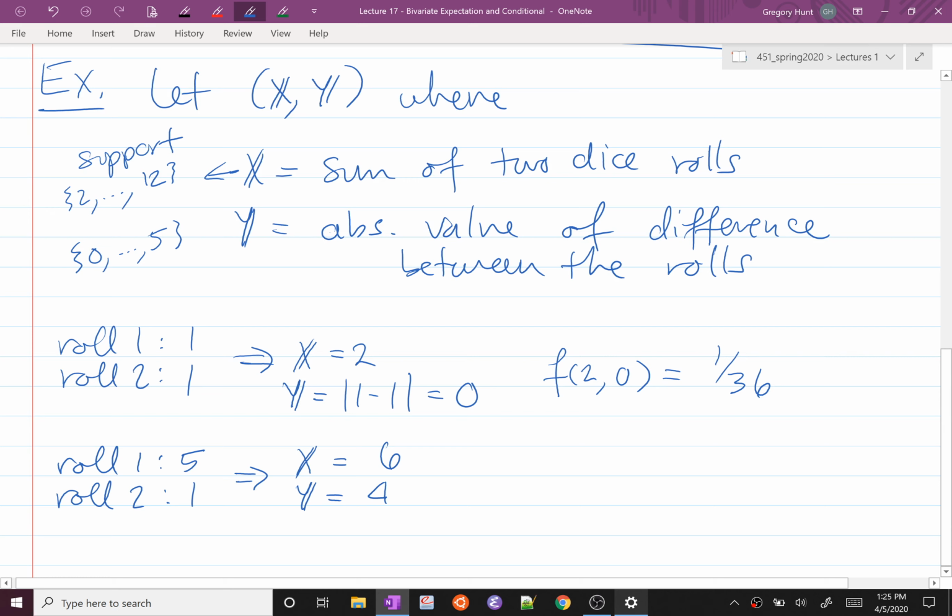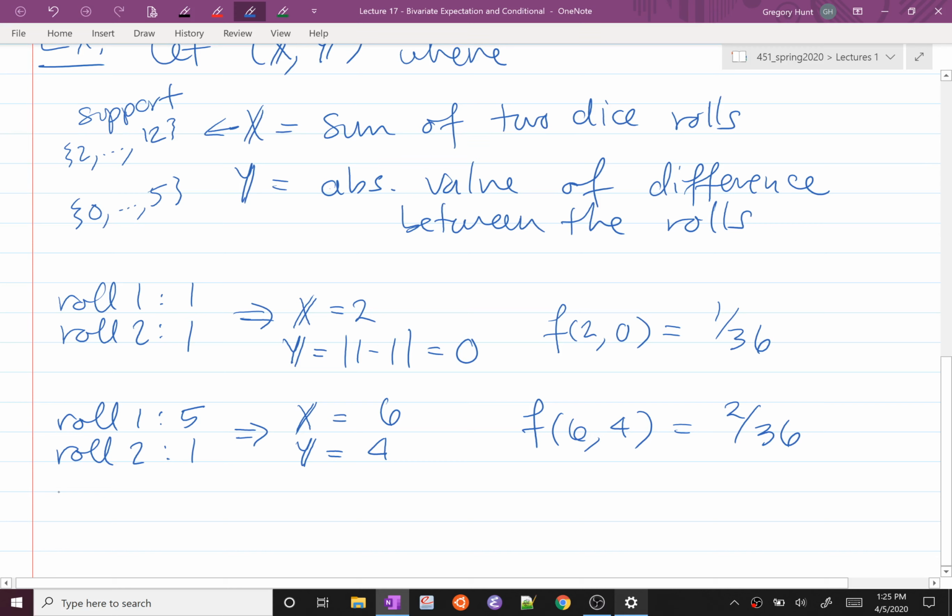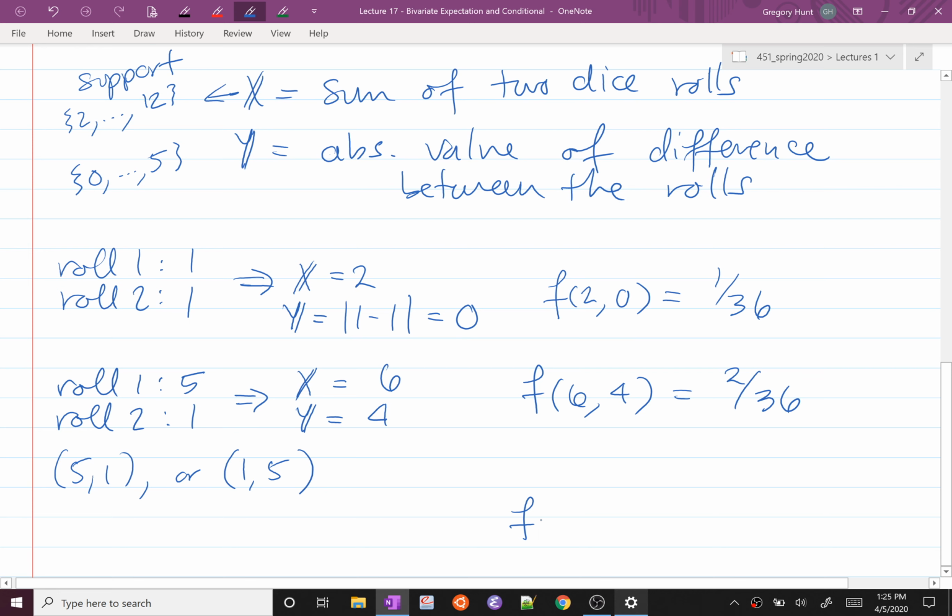And in this case, f of 6 comma 4 is actually going to be 2/36, because instead of getting 5, 1, I could get 1, 5. That would also lead to the sum being 6 and the absolute value of the difference being 4.